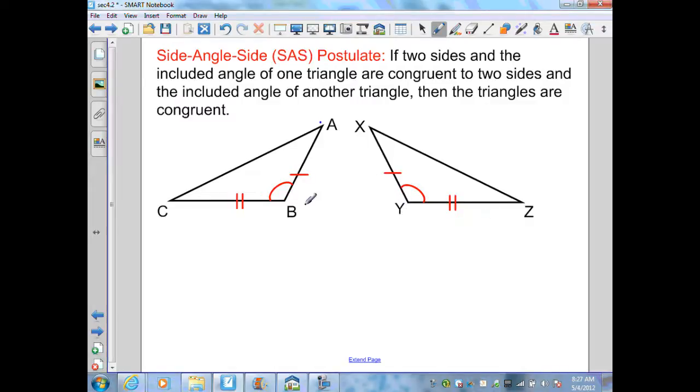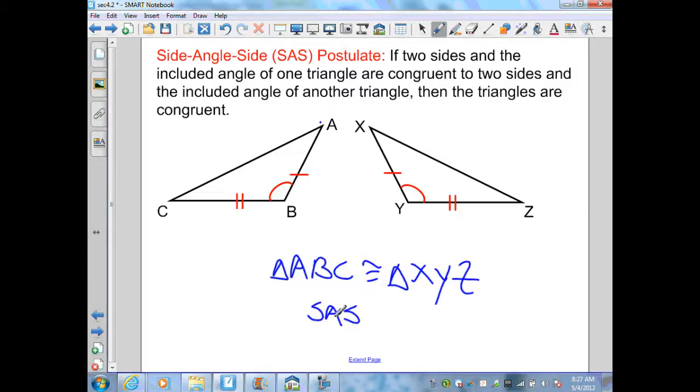Therefore, they are corresponding and match up, and I can use the side-angle-side postulate to state the triangle, and I'm going to go single to the arc to double, which is ABC. Single arc double is XYZ, my congruent statement. And I can state this is true by the side-angle-side postulate.